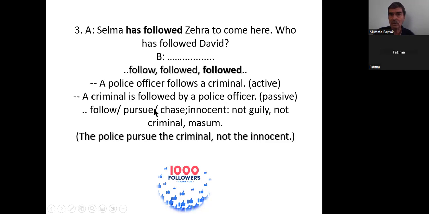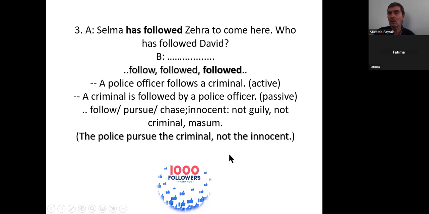Follow or pursue is also a nice word. Chase, yes. A police officer pursues a criminal. A police officer chases a criminal. This is his or her job. The police pursue the criminals.